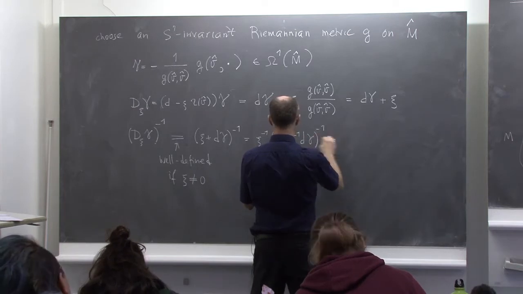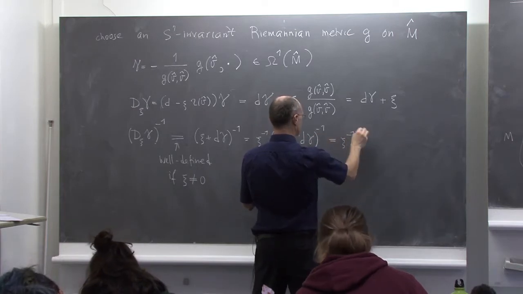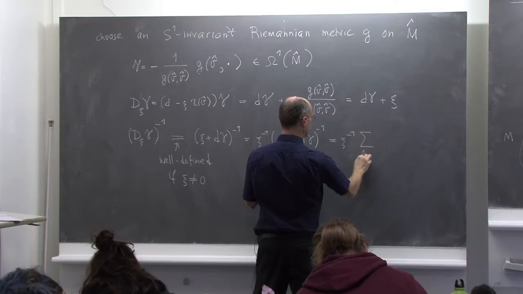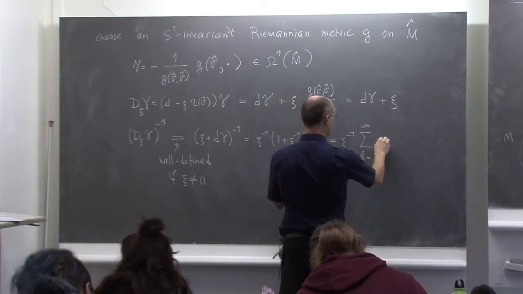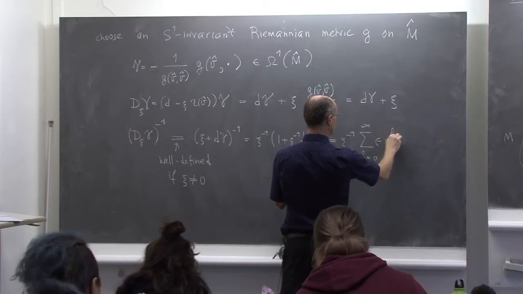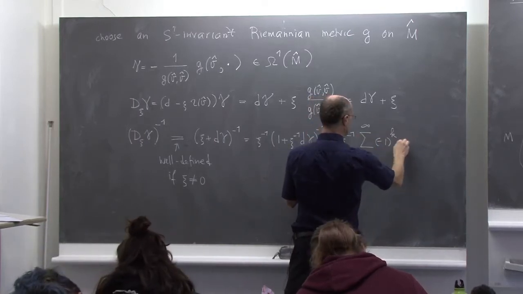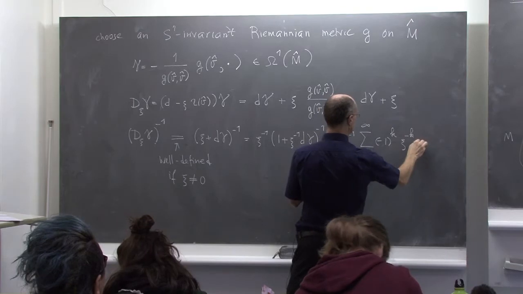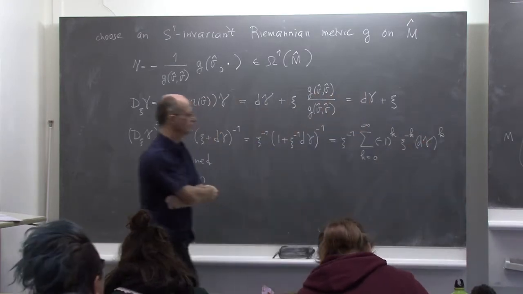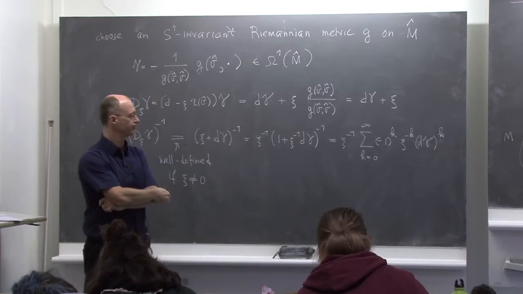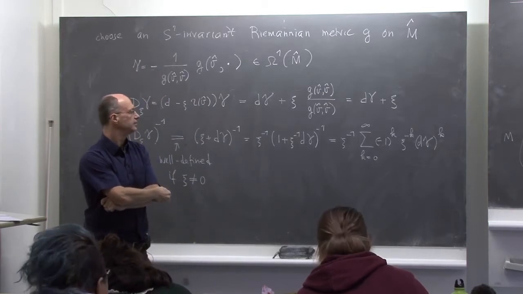So this will be ψ^(-1) sum over k from 0 to infinity of (-1)^k ψ^(-k) (dγ)^k.